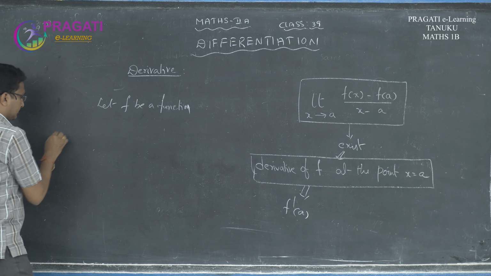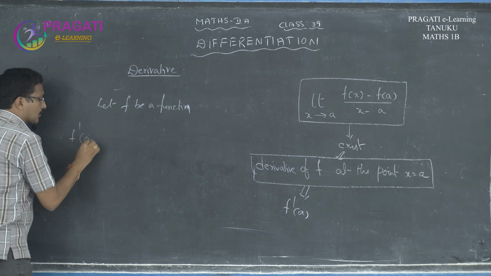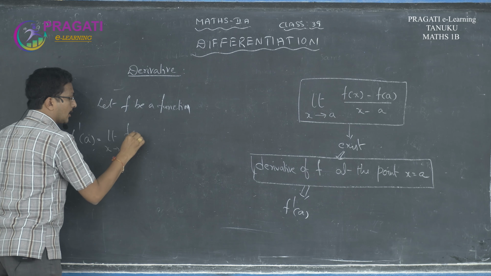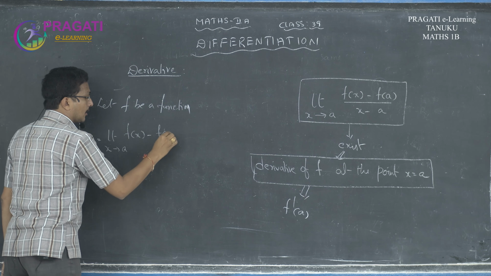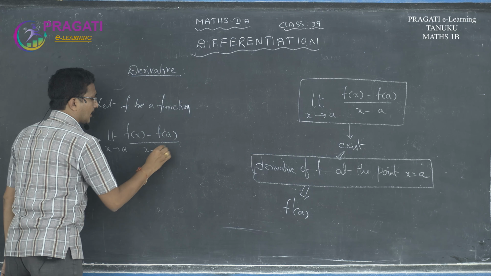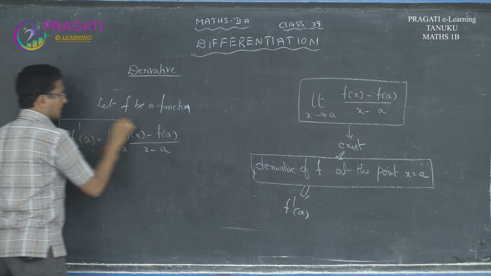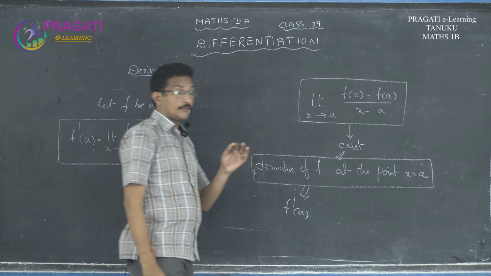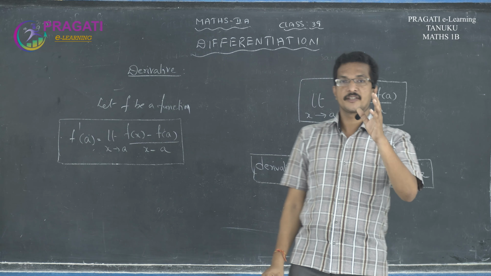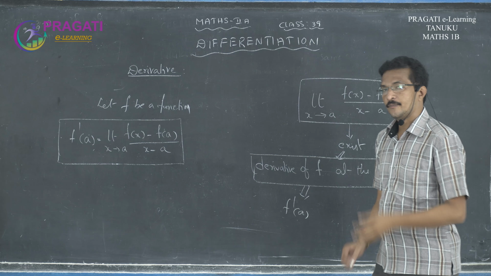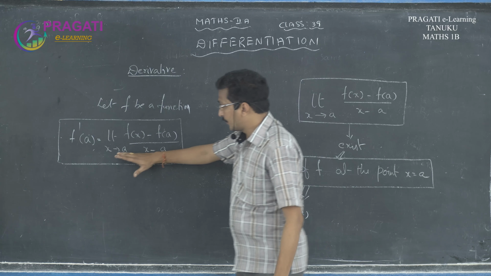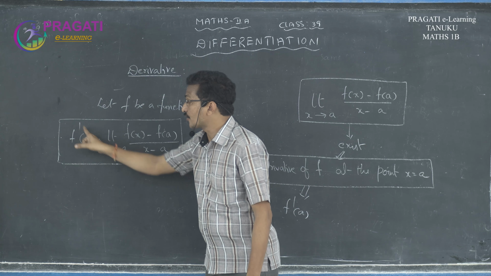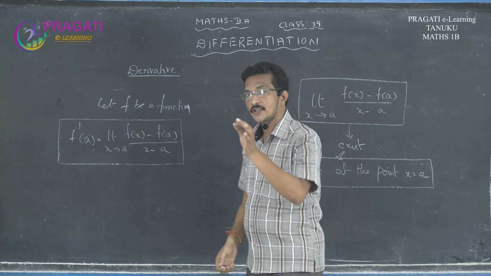That is, f dash of a is equal to limit x tends to a, f of x minus f of a by x minus a.